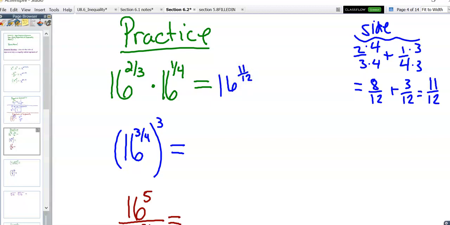And you can simplify this just a little bit more because we could rewrite 16 as 2 to the 4th power.